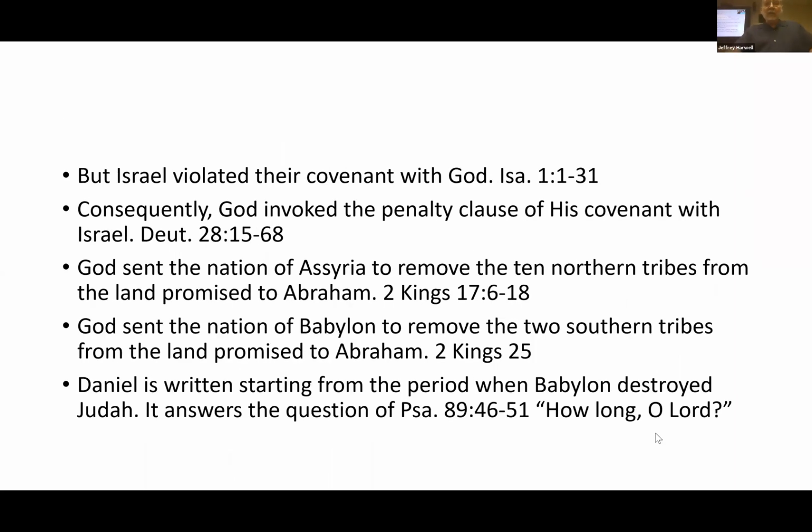If you read the first chapter of the book of Isaiah, it is a legal indictment of the nation of Israel, where Isaiah goes through the record of their violation of the conditions of the covenant, and then promises Israel that the penalty clause in the Mosaic covenant is about to be executed. You can read about that penalty clause in Deuteronomy 28.